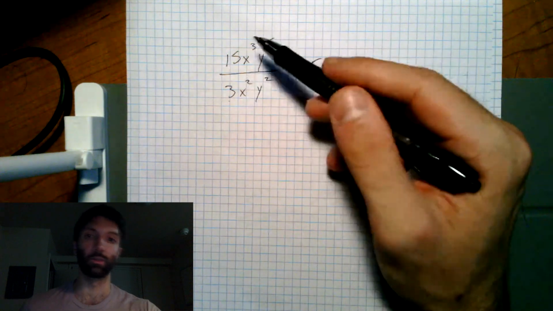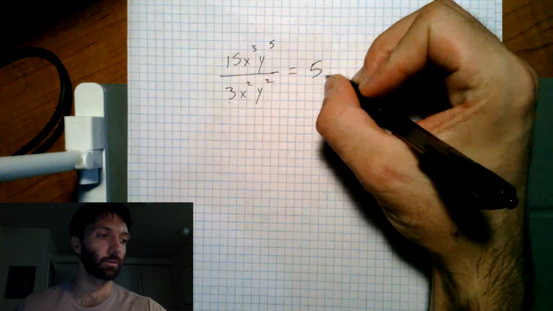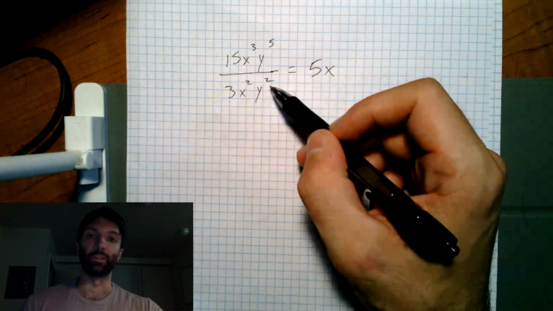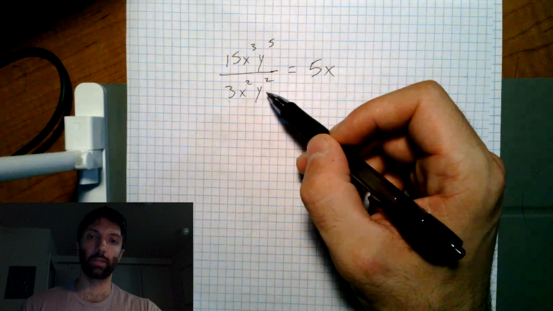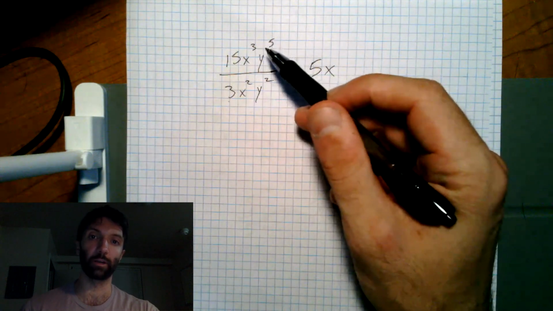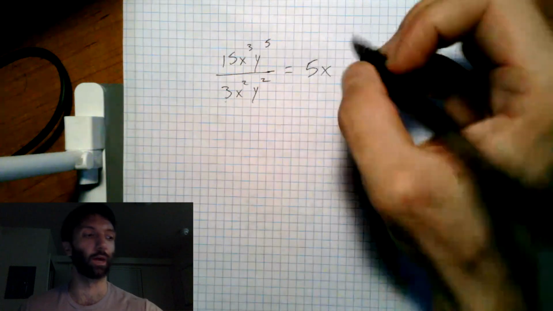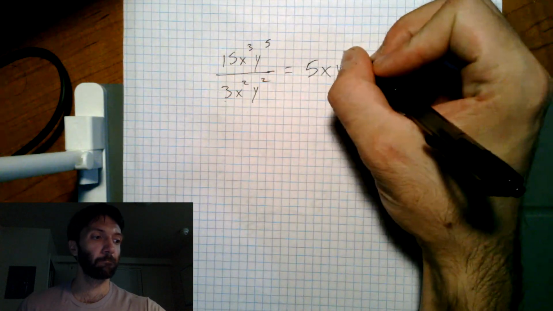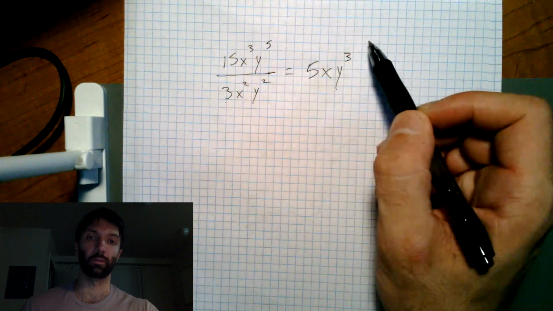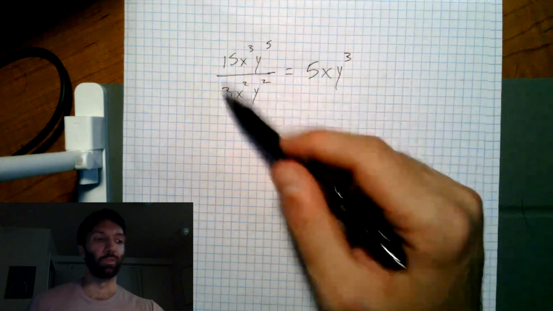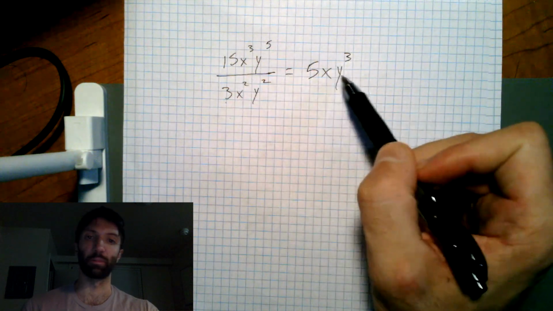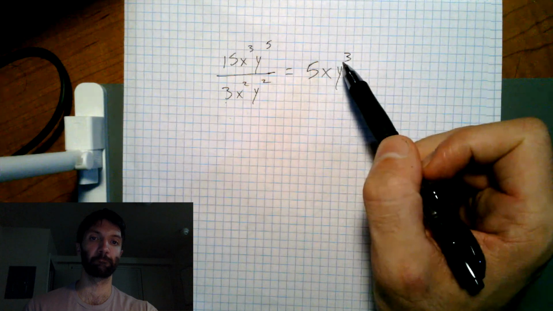So 3 minus 2, that's going to leave me with just x to the 1st, or just x. And then again, these 2 factors of y down in the denominator are going to cancel 2 of the factors of y in the numerator, which leaves us with 3 factors of y in the numerator. And again, our exponent rule is that 5 minus 2 gives us the 3. And so this quotient, this expression here, just simplifies down to this.